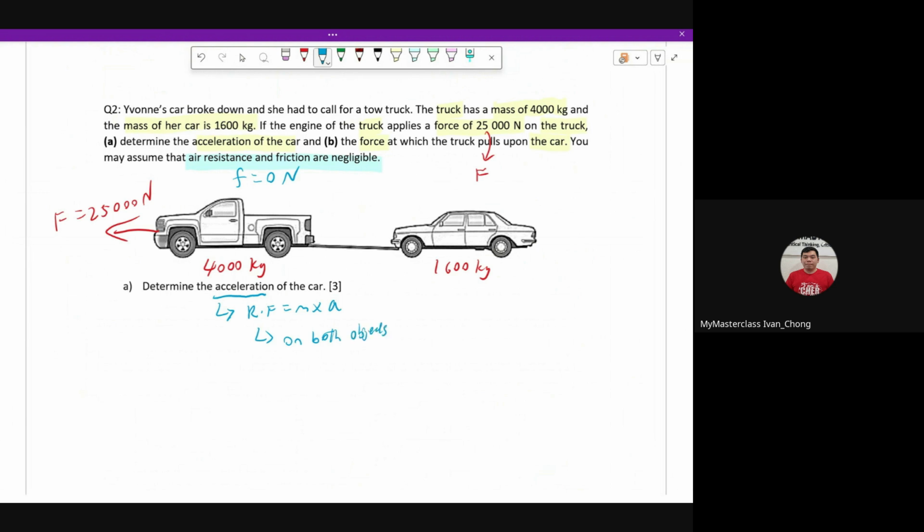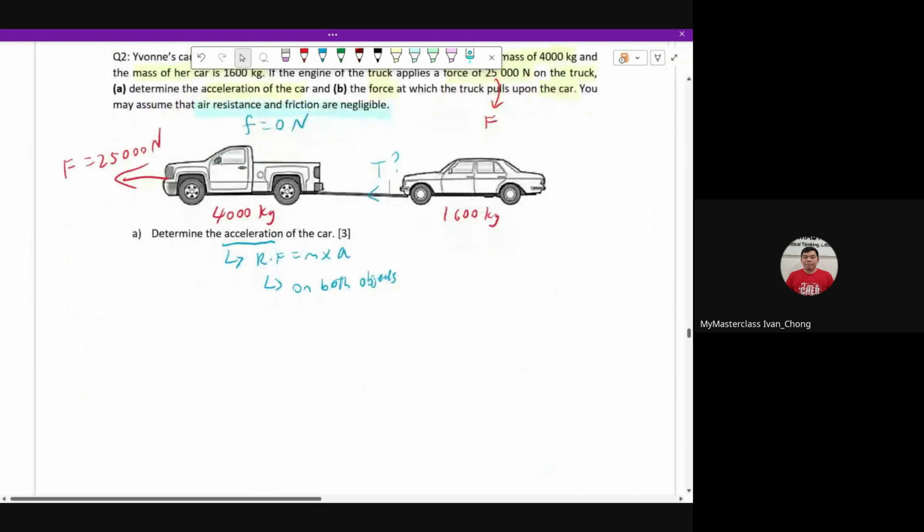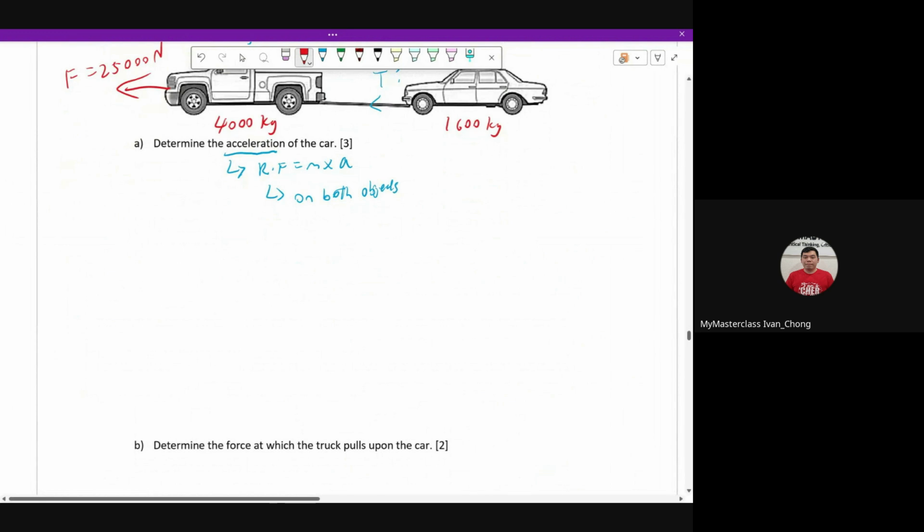Okay? Because if your car accelerates, first thing, if you draw your free body diagram of the car or you just picture in your head, what is the force that is pushing it forward? Is this force, right? And because this is a rope, this is tension. Now, do we know what is tension? We don't, right? So we cannot use the car. So very first step, step 1, we sketch the free body diagram of both objects.